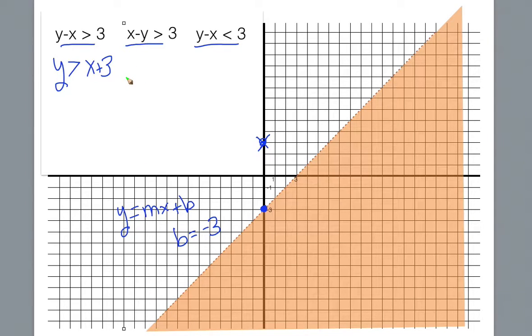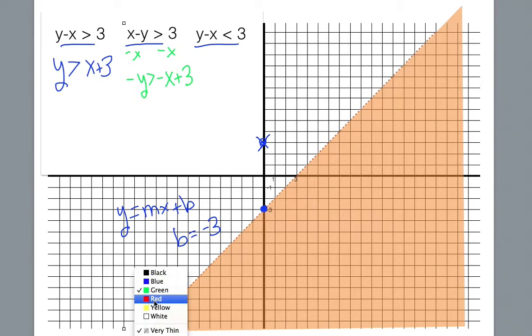Okay, so here I'm going to subtract x on both sides, right? So I end up with negative y is greater than negative x plus 3. Now I have a -1 attached to my y, so I want to multiply by -1. Multiplying by -1 will help me get rid of that negative sign.